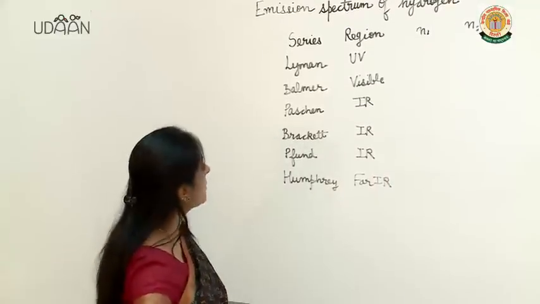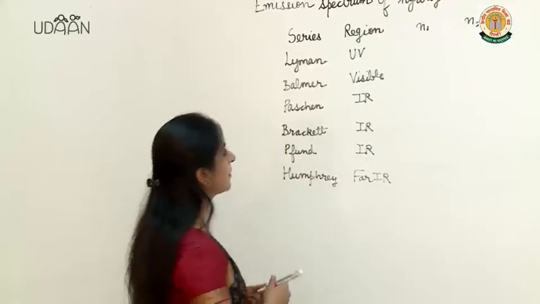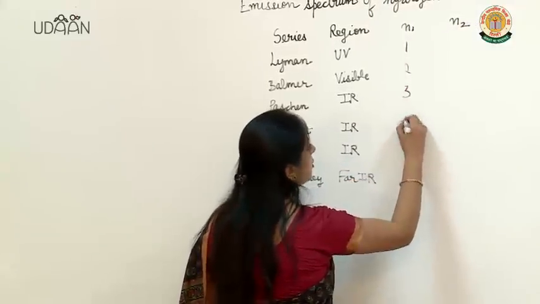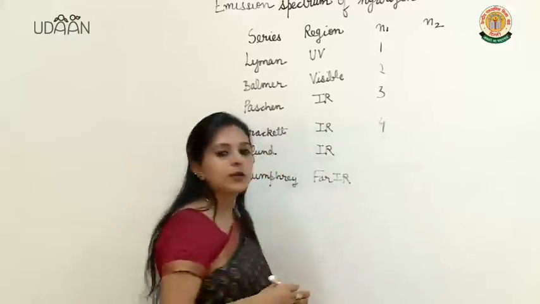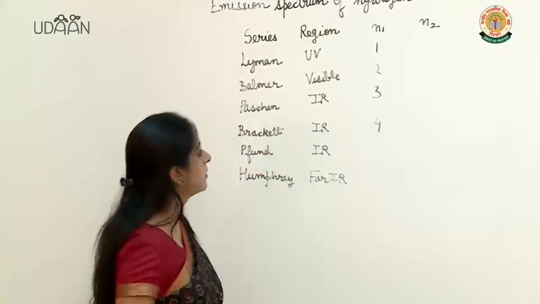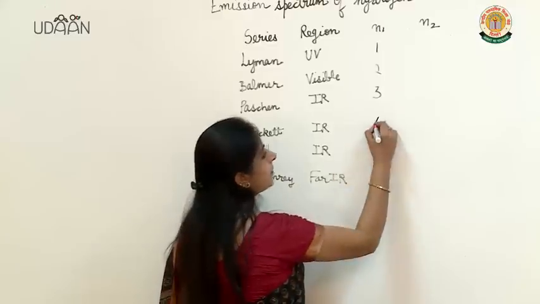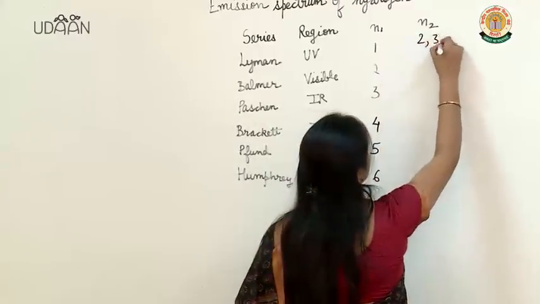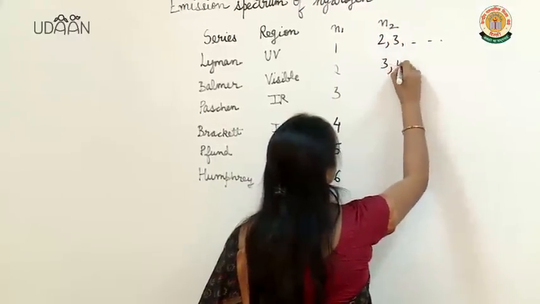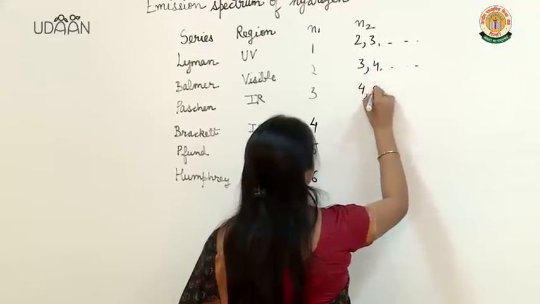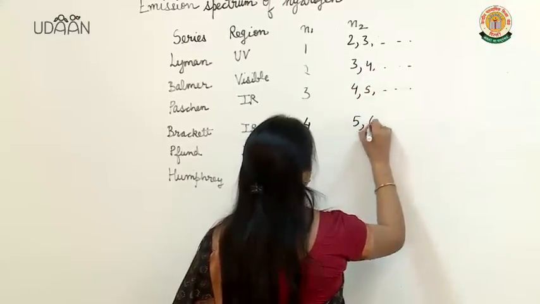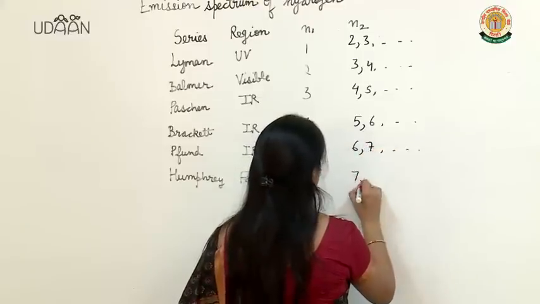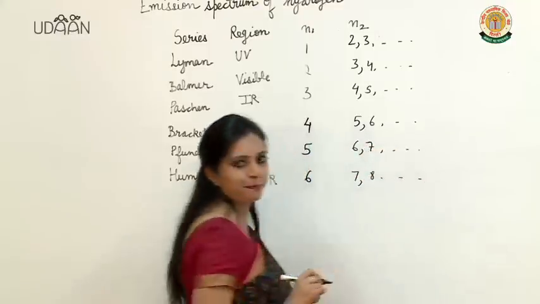Now N1 is fixed for all these series and that is what you have to remember, but the N2 value depends on which line the electron will fall in. So it can be 2, 3, and so on till infinity; 3, 4 till infinity; 4, 5 till infinity; 5, 6; 6, 7; 7, 8 and so on.